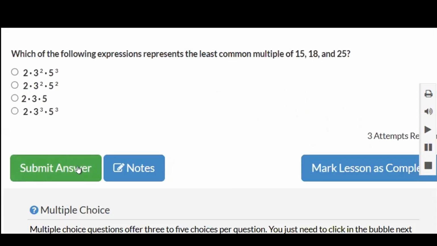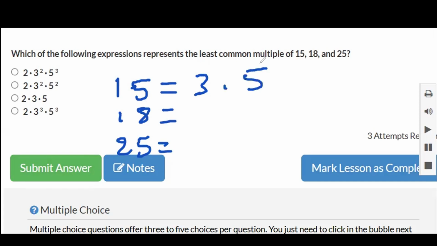Which of the following expressions represents the least common multiple of 15, 18, and 25? So the factors of 15 are 3 and 5.